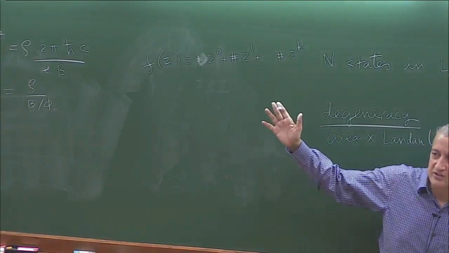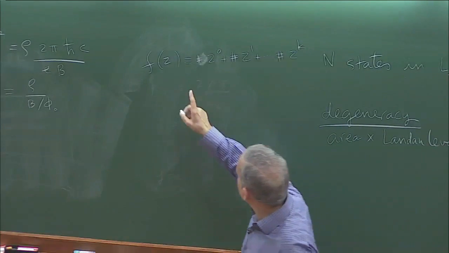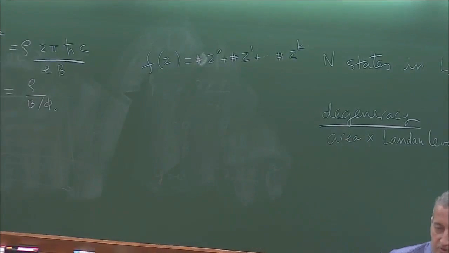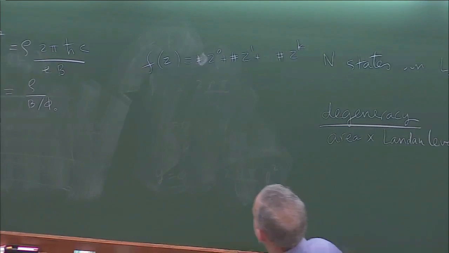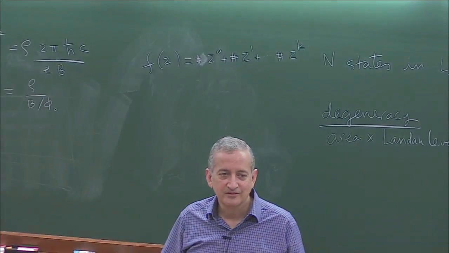Let's say you have a function like this. Then the fundamental theorem of algebra tells us that this function has precisely k zeros. If you find its zeros, there are precisely k of them. Okay? So I'm going to use this.